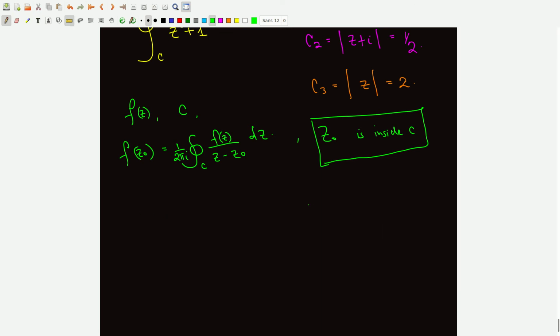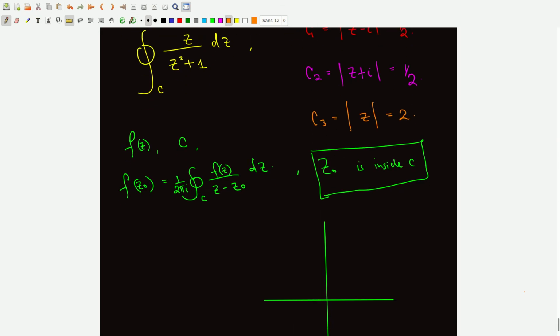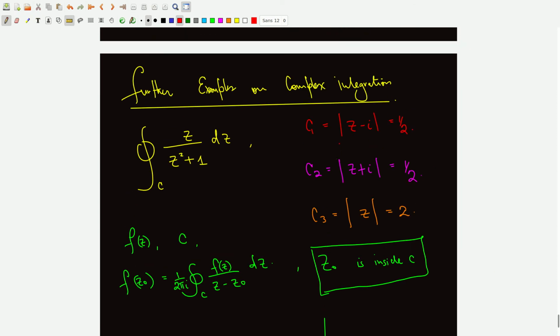Okay, so let us see if we can make use of that. But before we go any further, we have to sketch our curves here. Let's see, C1, definitely you can see that this is a circle of radius 1/2, centered at i.